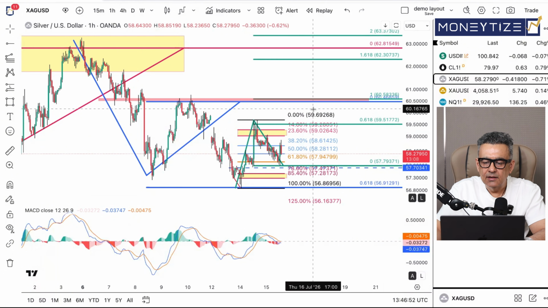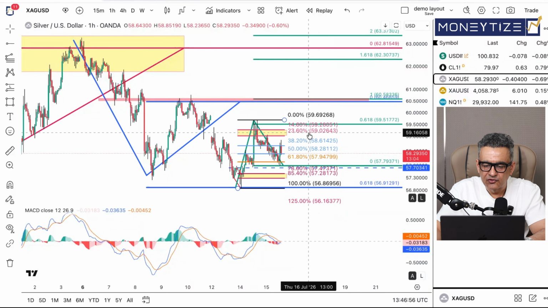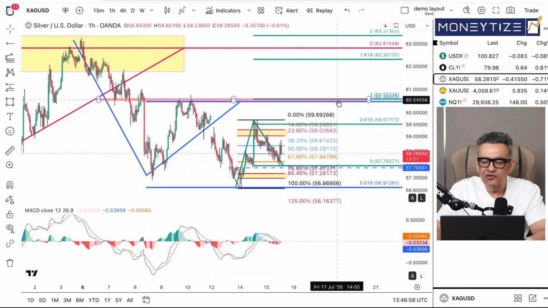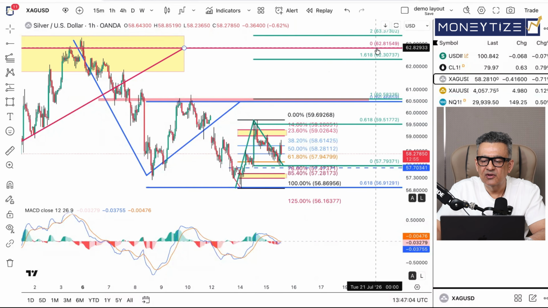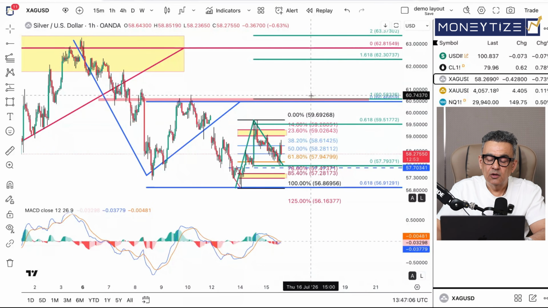So unless I see silver breaking above 59.02 on a 4-hourly candle closure basis, then the next major resistance break is 60.46. If it happens, then we can expect continuation towards 62.30 to 62.81. Fundamentally, the data is printed in favor of the metals.